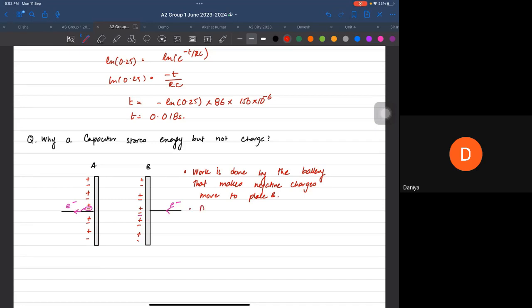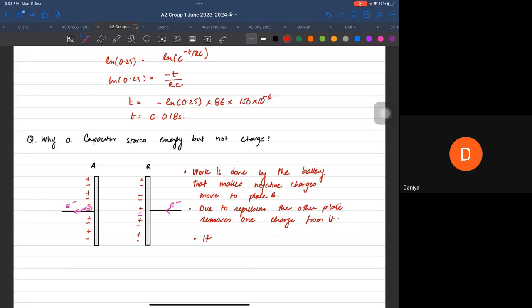Due to repulsion, the other plate removes one charge from it, like that.